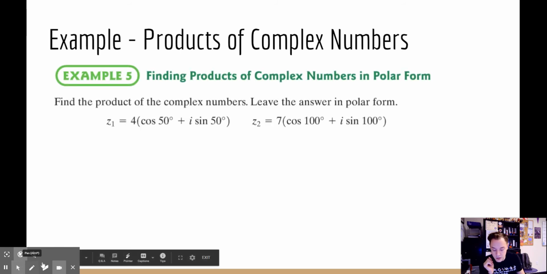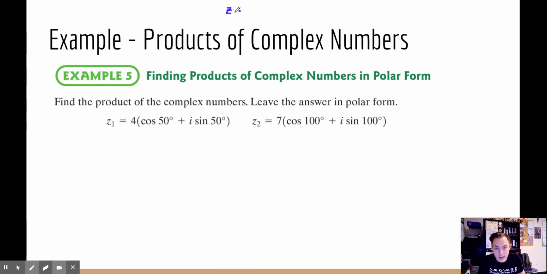So I'm given these two things. I'm going to write out my formula here. z sub 1 times z sub 2 will equal r sub 1 times r sub 2, and then in brackets, cosine of theta 1 plus theta 2, and then plus i, and then sine of theta 1 plus theta 2.